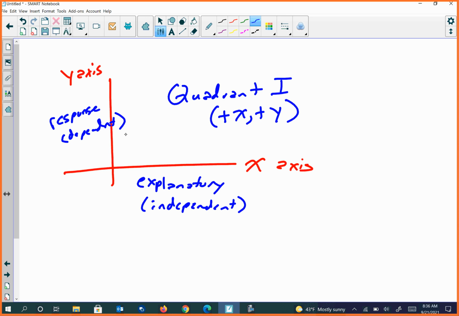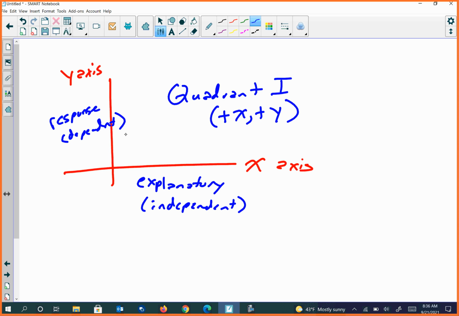The explanatory variable is often but not always used to explain the behavior or the response variable. The explanatory variable often measured first and is used to explain or even predict the response variable. So you might say, let's take an ACT score.